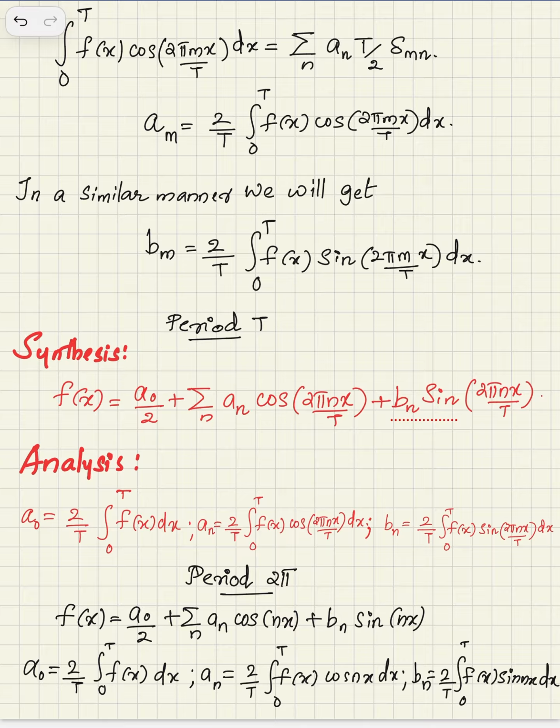If you are taking it as a0 by 2, your a0 will be 2 by t integral. If you are taking the series as a0 plus sigma an etc., then your a0 will be 1 by t integral 0 to t. So just for making all these in a similar manner, we are taking the first value as a0 by 2. Okay.